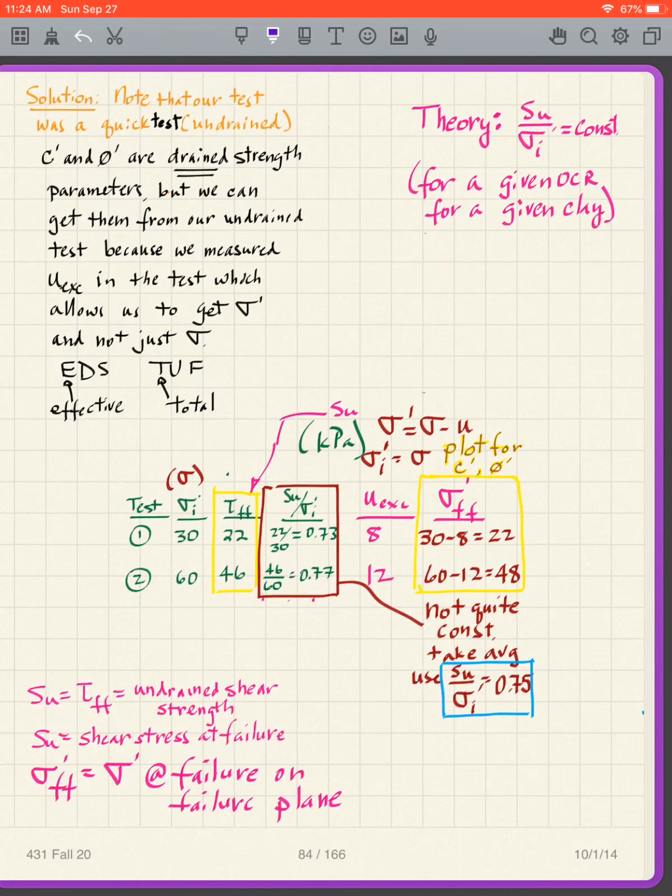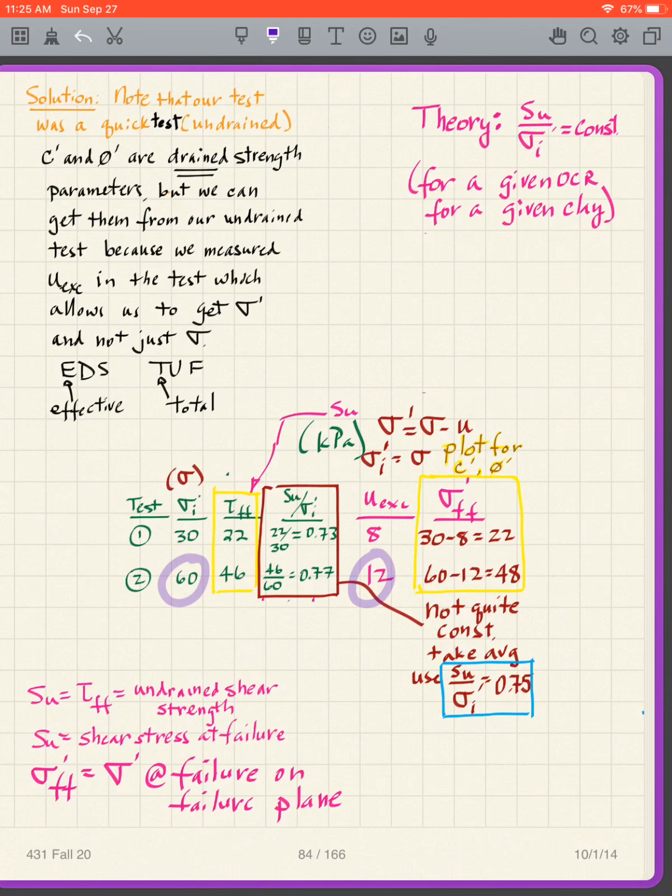We have our u excess for both of these, 8 and 12, and that means we can get our sigma prime ff, because we had our initial effective stress and a u excess of 0, so that was also sigma. And so our sigma prime at failure on the failure plane is simply the 30 minus the 8 to give me 22 for that one. And this one will be 60 minus 12, which is 48.